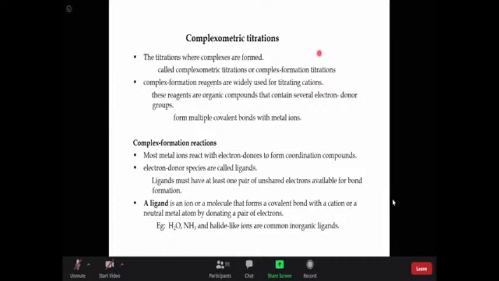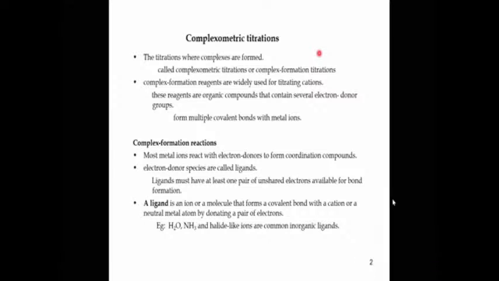That means during the titration, so what is happening there? The reaction is happening, and we get a complex, right? So these methods are called complexometric titrations or complex formation titrations, right?